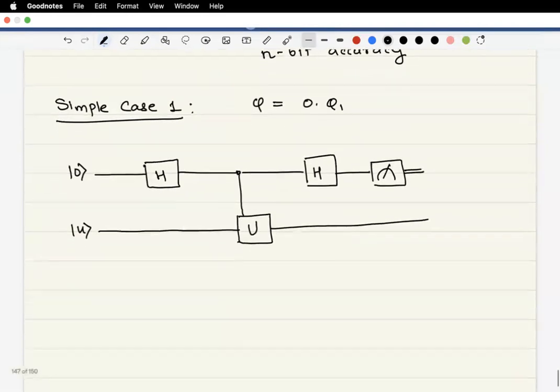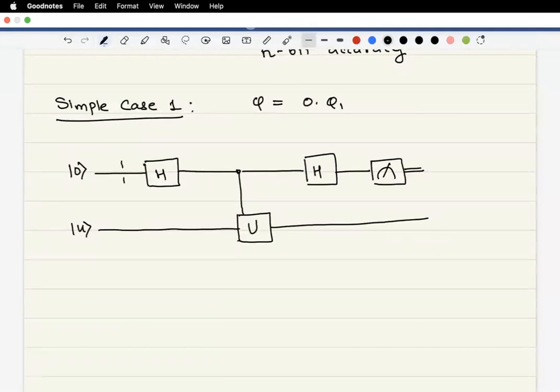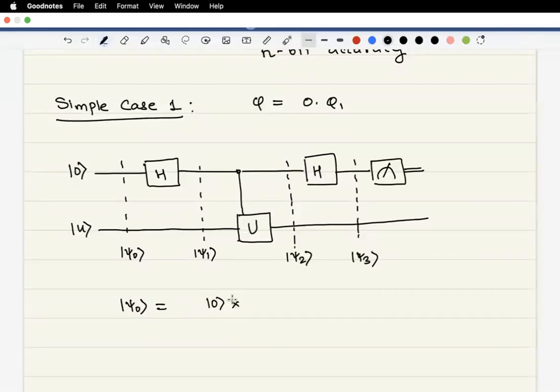Right, so let's analyze this circuit at various points. This will be, let's say, psi 0, psi 1, psi 2, and psi 3. So psi 0 is just 0 tensor u.